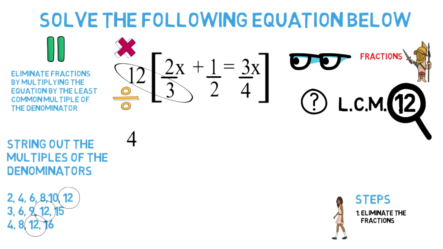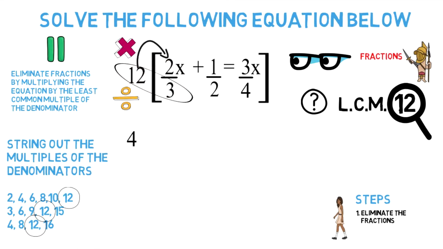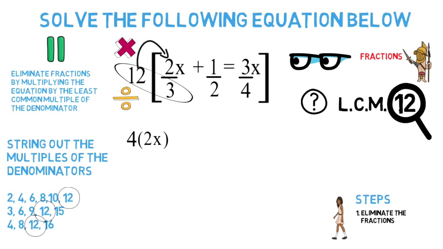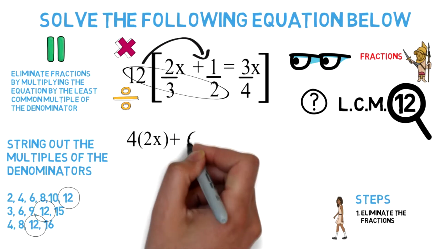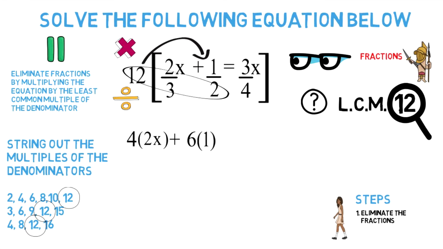Then you take that 4 and multiply it by 2x. Then repeat the same process again, where you'll have 12 divided by 2. 12 divided by 2 is 6, and then multiply that by 1.